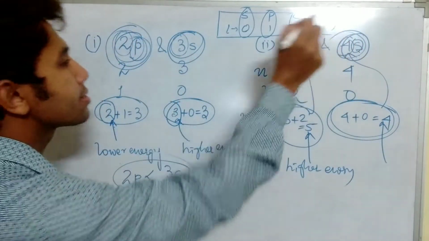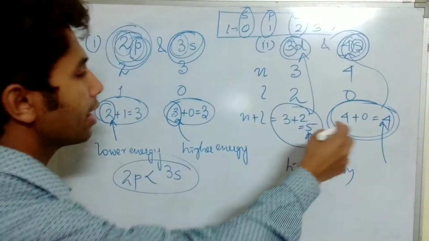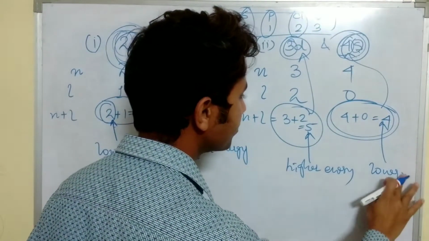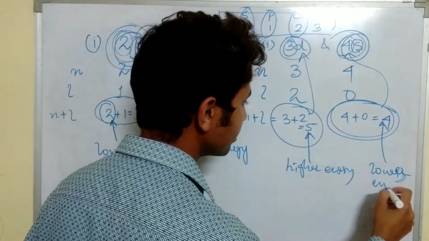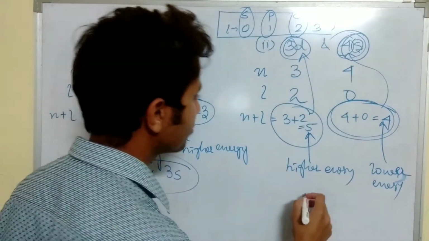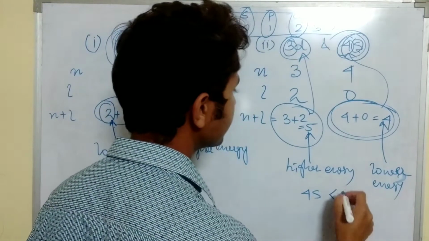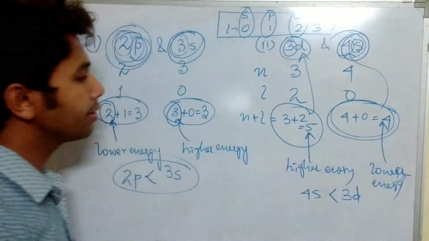It means 4s orbital has lower n plus L value, so it will have lower energy. So 4s orbital has lower energy in comparison to the 3d orbitals.